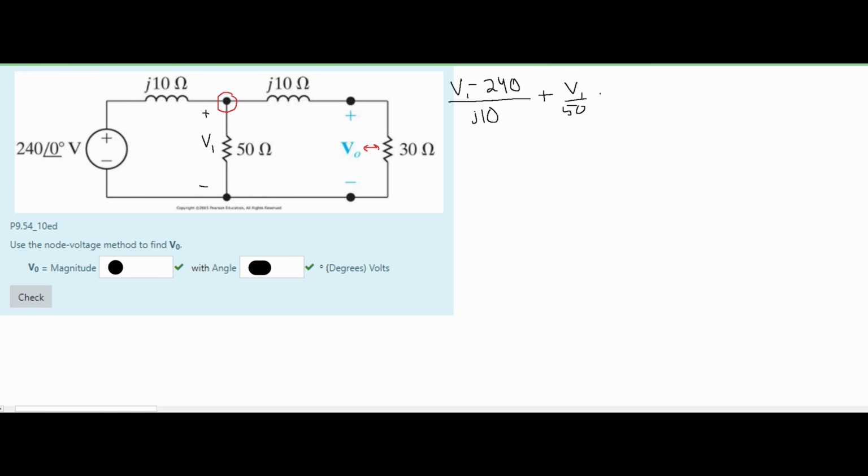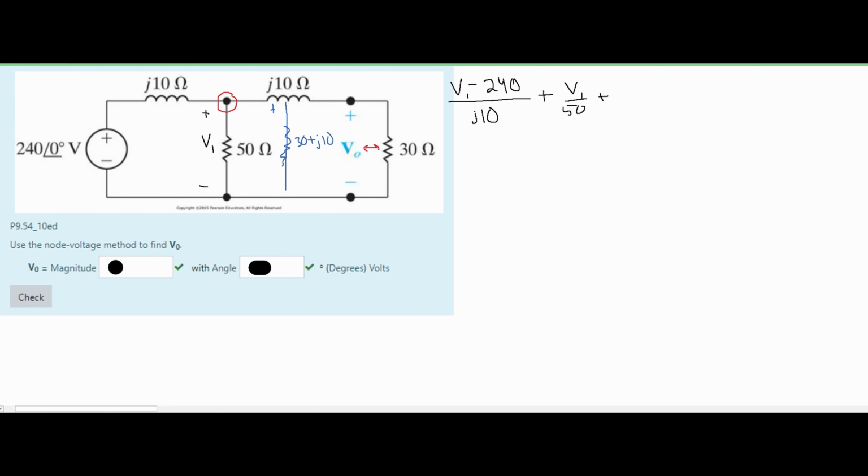Now after this we are going to have a plus, and we need to combine these two impedances together, and we're going to have the voltage over them be equal to V1, because if we were to combine these, I'm going to do it in blue, if we combine the impedance with our resistor and we just have an impedance right here, a combined impedance, this will be called 30 plus J10.